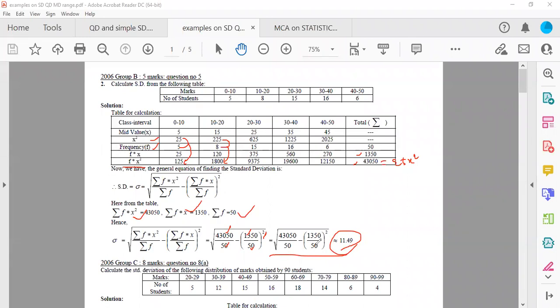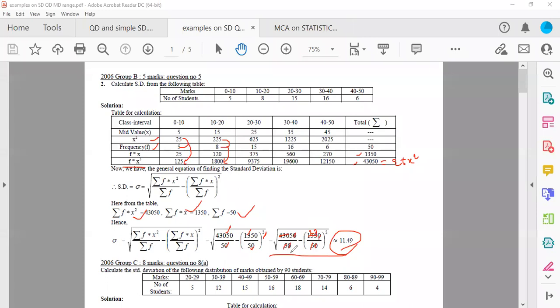Time now, if needed, take it calmly once. First of all, you have to cancel this. Either subtract 5, 35, and then you have to cancel this. 5, 35 means 2, 27. So 27 whole square.